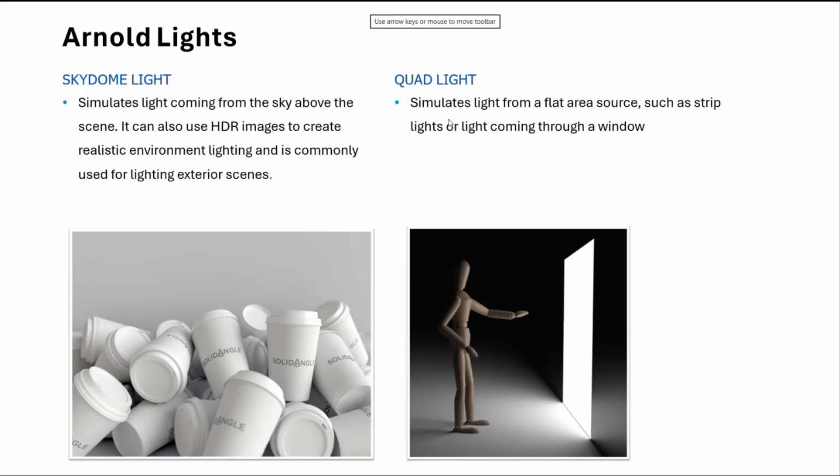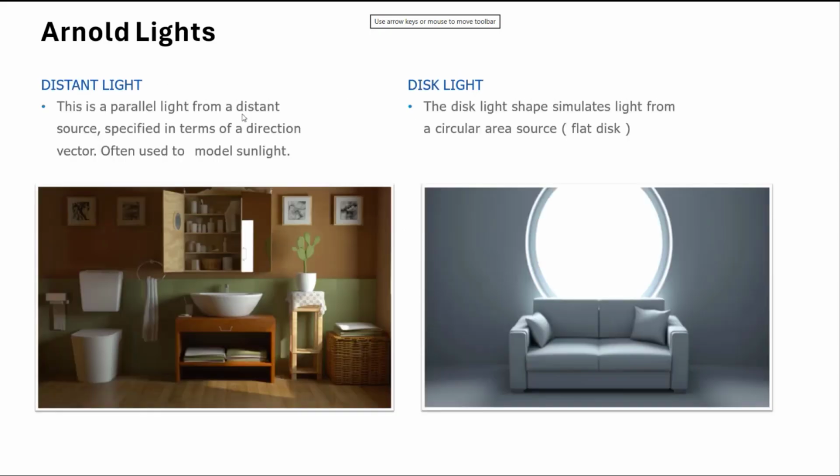So I can move on. Next is the distant light. Let's say you want to create something like sunlight, especially for interior rendering. This is the distant light. And also the disk light. The disk light can have a shape, a circular area source or a flat disk.